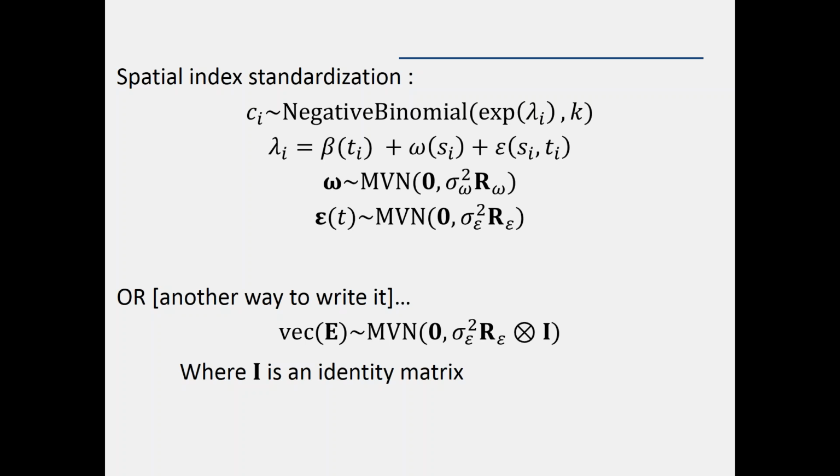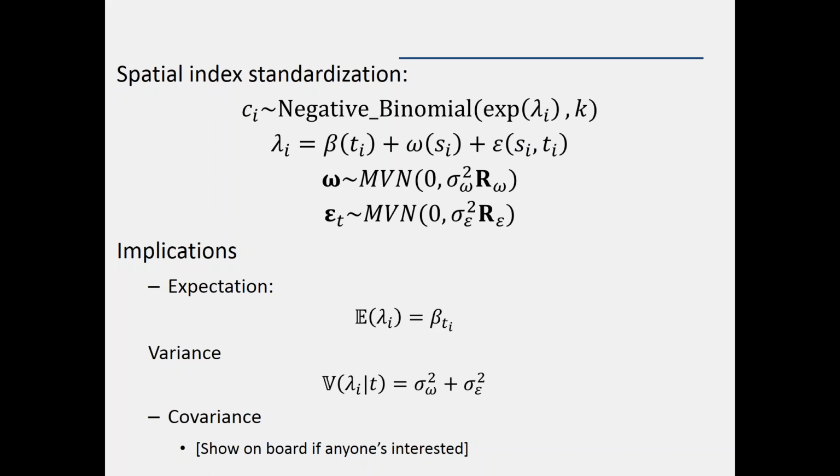Yeah, exactly. The way this model is structured, there's a spatial effect and a spatiotemporal effect. If you think it through, I think I cut a slide. This slide says that the variance across space and time is equal to the sum of these two variances. But if you do the math, you can see that the correlation for a given site across time is equal to the spatial variance divided by the sum of these two.